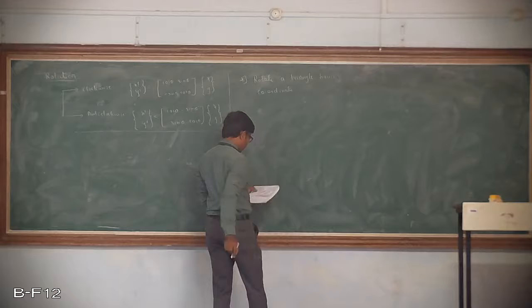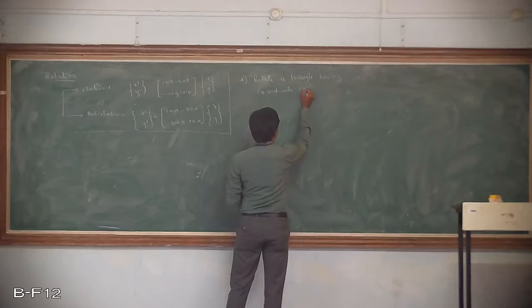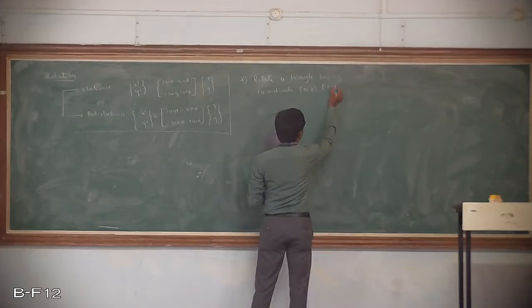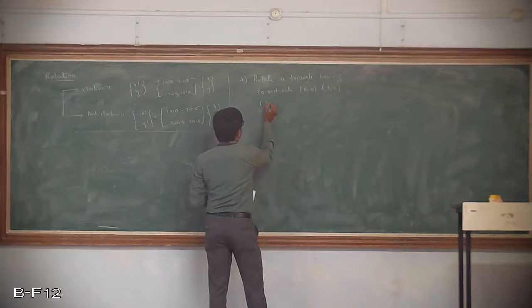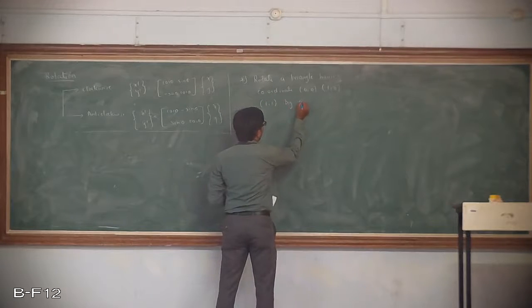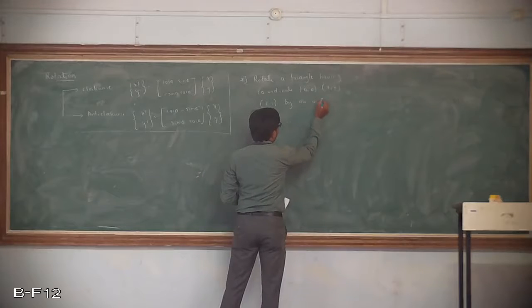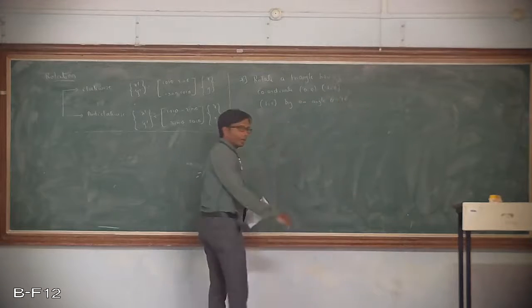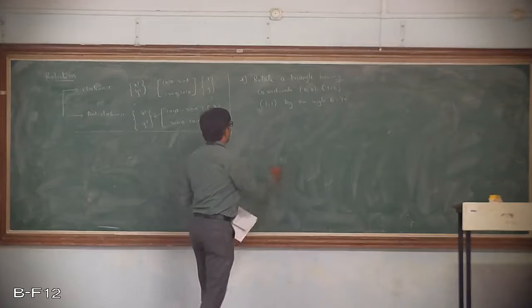So these are the coordinates: 0, 0, 1, 0, and 1, 1, by an angle theta equal to 90 degree. 90 degree in the anti-clockwise direction.